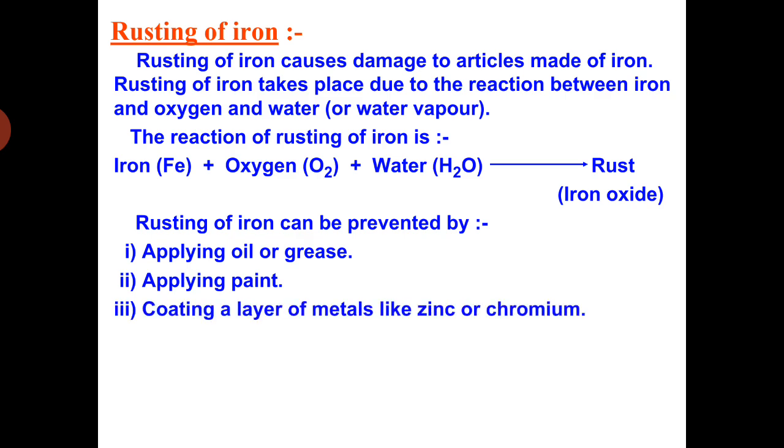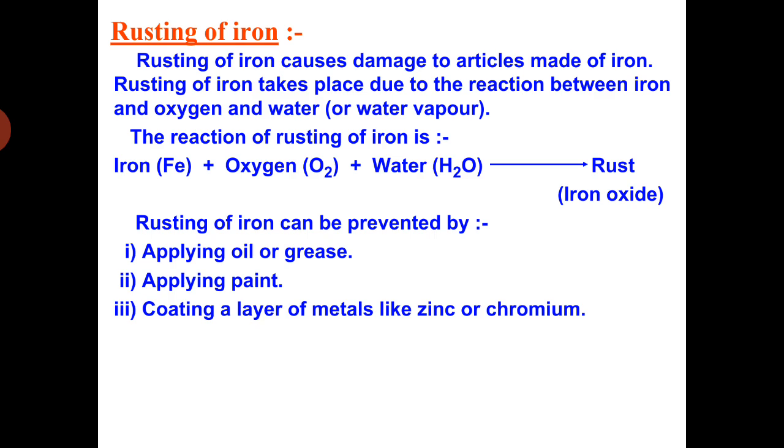And the third method to prevent rusting is to coat that iron article with a layer of metals like zinc or chromium. In fact, if the content of moisture in the iron is very high, then the rusting process becomes much faster.